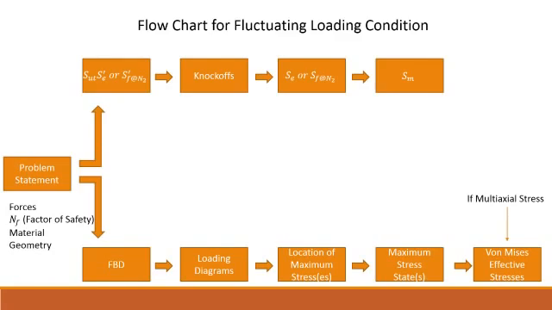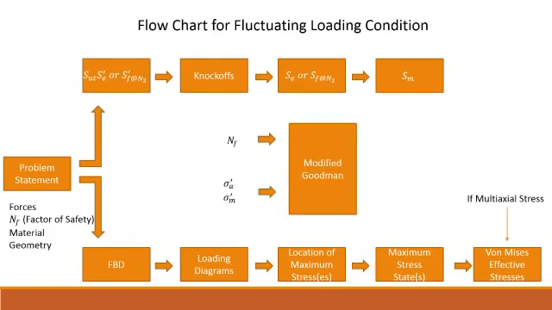There's another way these types of problems are often asked. Suppose my problem statement gives what my factor of safety is desired to be, and I want to know with this particular geometry how long the part will last. If that's the case, I'll solve the bottom portion just as before. I'll get my von Mises effective stresses for both alternating and the mean. I'll take my factor of safety and use that to compute what my strength will be.